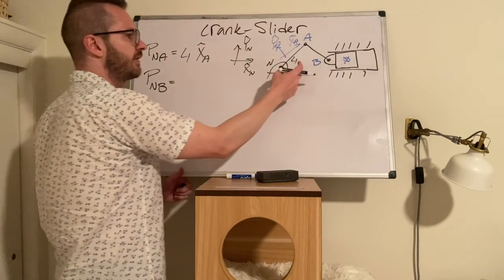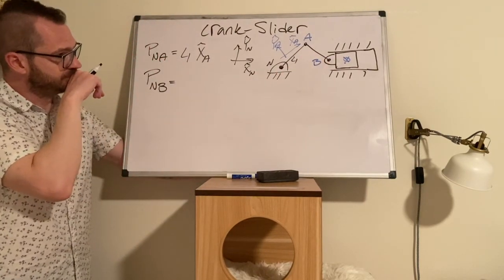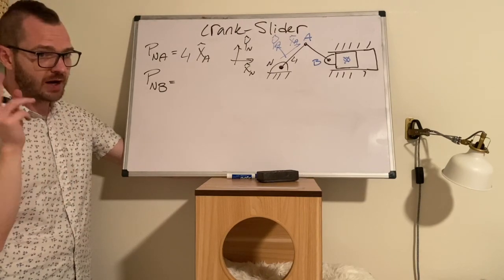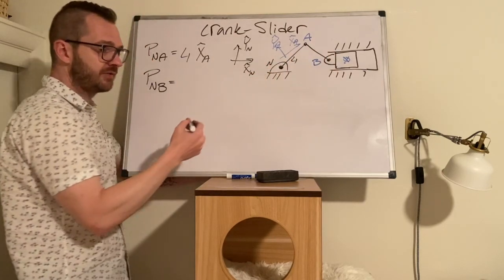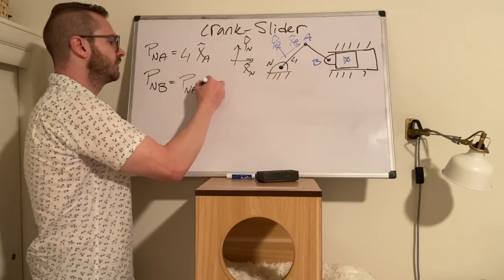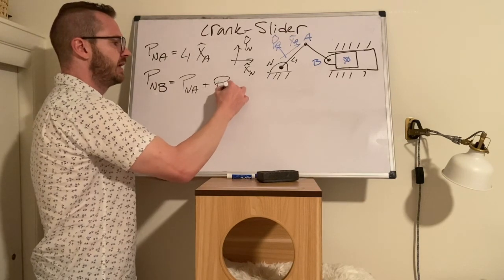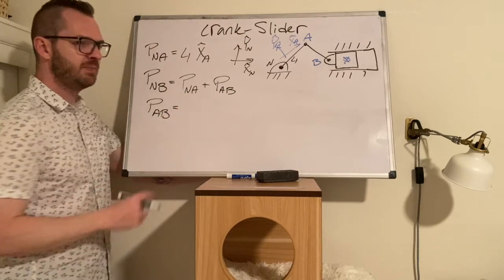We want to keep track of the motion of point B, the position of point B. Now, you might be thinking we can go N to A to B. That's good. We're going to need to do that. I'm going to go ahead and write that down, plus P A to B. And now we could simply solve for P A to B.